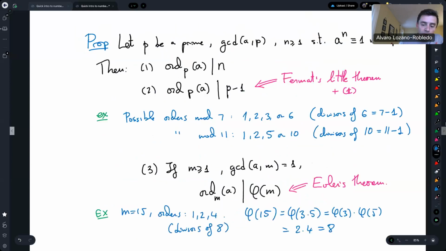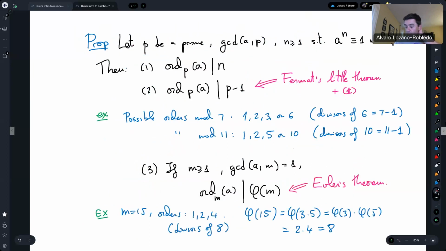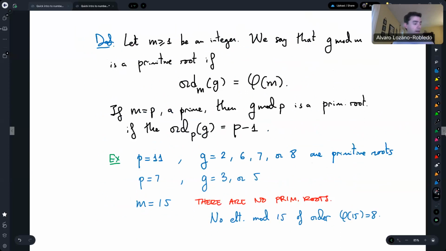If we go back to our table, we see that even though every element to the 8th power is 1, which is what Euler's theorem predicts, there is no element whose order is 8. The orders all happen before 8: 1, 2, or 4, and never 8. So there's no primitive root modulo 15.